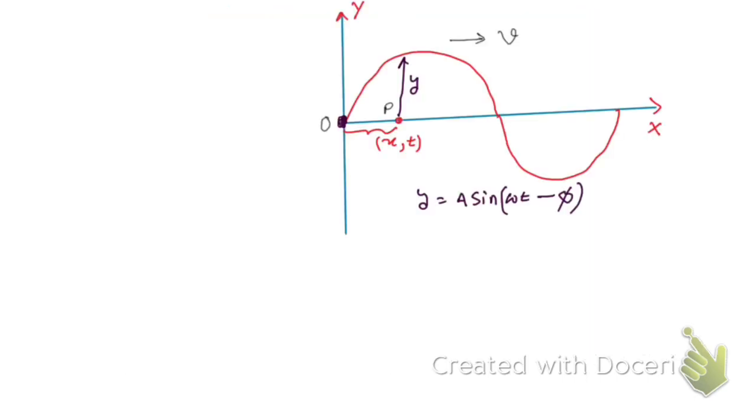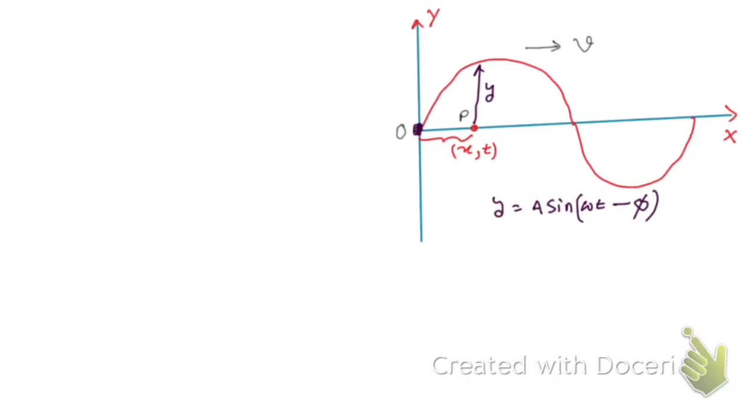So here you see, this particle at P lags behind the particle at O by a phase of phi, then its equation will be given by this equation, right?